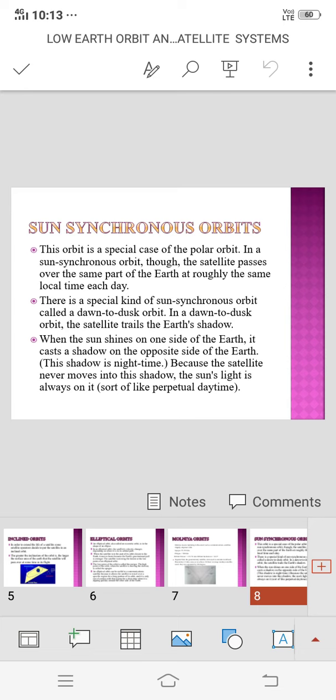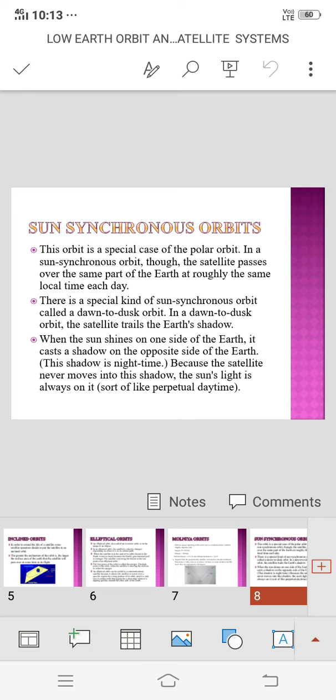Another one, the satellite in the sun-synchronous orbits. This orbit is a special case of the polar orbit. In a sun-synchronous orbit, the satellite passes over the same part of Earth at roughly the same local time each day. There is a special kind of sun-synchronous orbit called a dawn-to-dusk orbit.